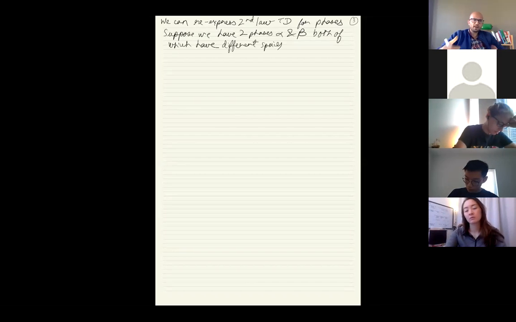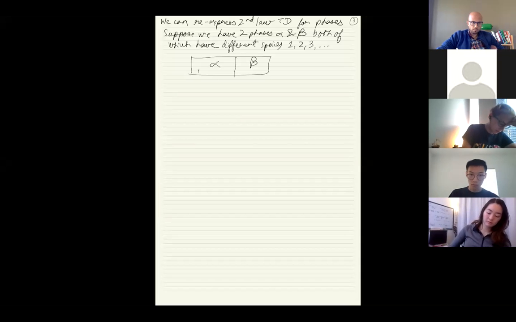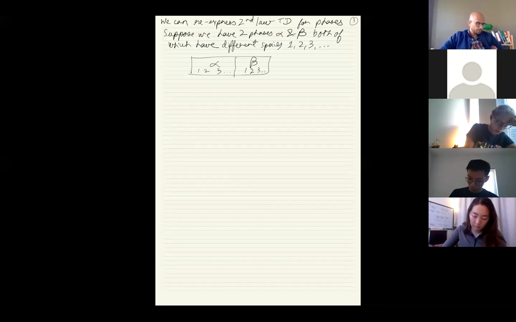I mean, alpha can have all these species, beta can have all these species, 1, 2, 3, ... So what I am saying here is that we have two phases, alpha and beta, and alpha is made up of a certain number of moles of 1, a certain number of 2, a certain number of 3, ... Beta is also made up of a certain number of moles of 1, a certain number of moles of 2, a certain number of moles of 3, ... It goes on and so forth.